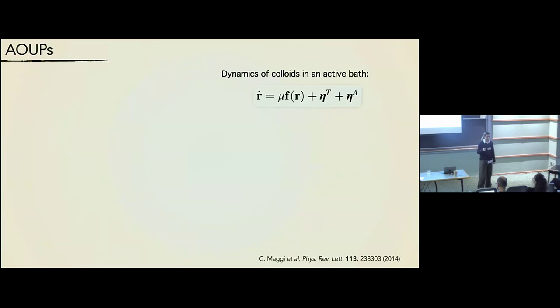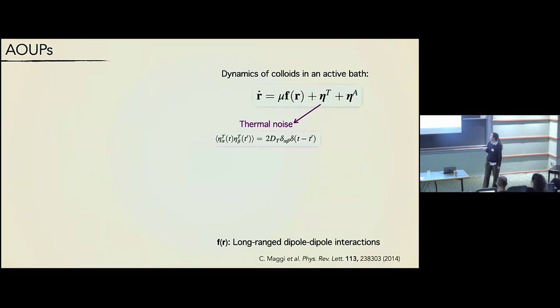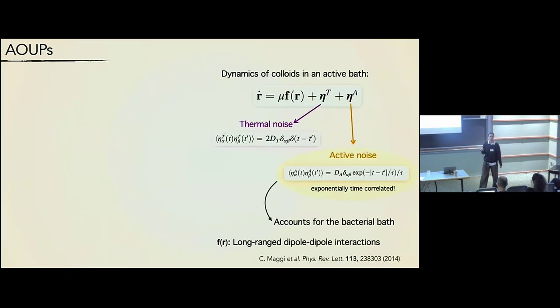A bit on the dynamics we expect of these particles. In general, particles in a bath of bacteria display what is called the motion of active Ornstein-Uhlenbeck particles, which you can model with a stochastic differential equation. It has a term of thermal noise, and a term of active noise that accounts for the bacterial bath, which is exponentially time correlated with a characteristic time tau.